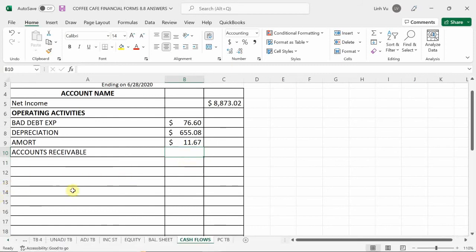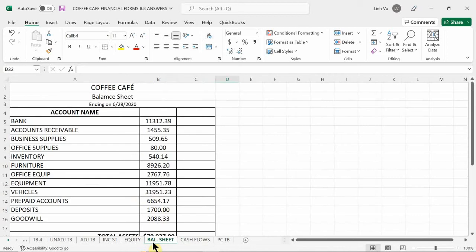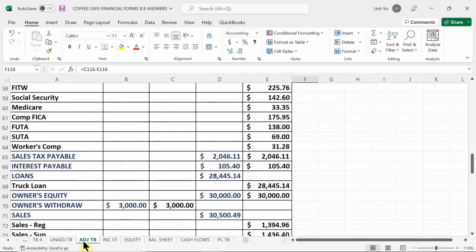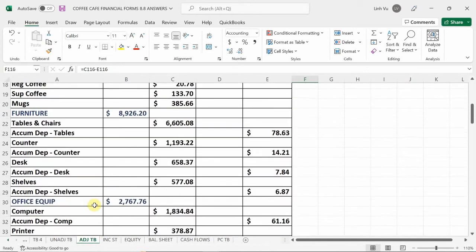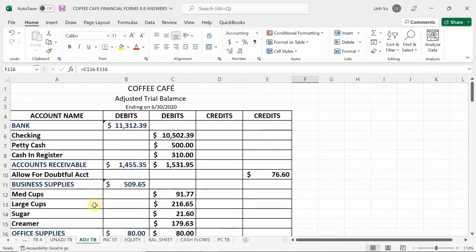Now, let's take a look at my balance sheet. My balance sheet tells me that I am pending $1,455.35. Is that true? No, it's not, because that included my bad debt that I took out, right?